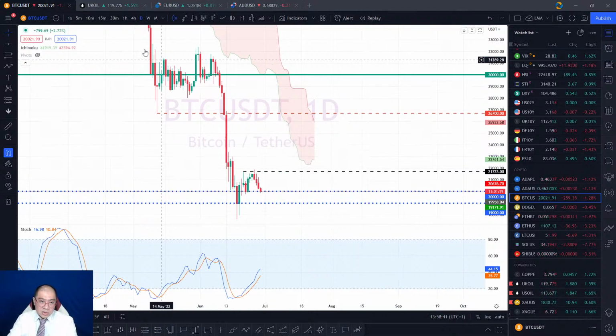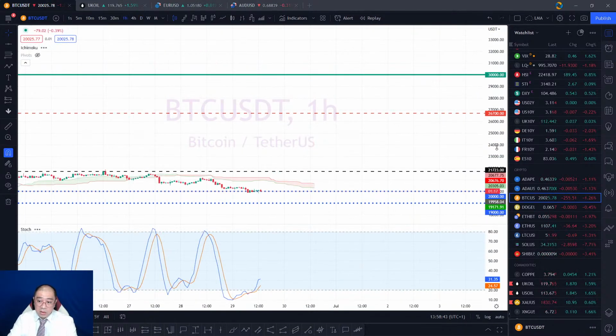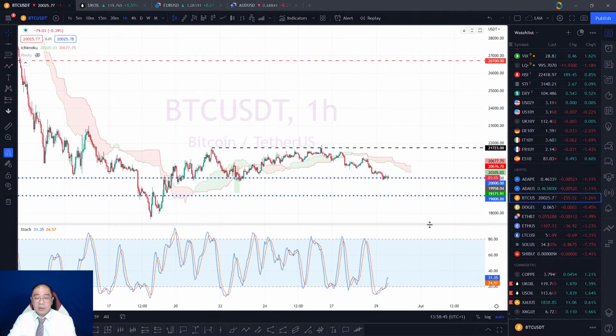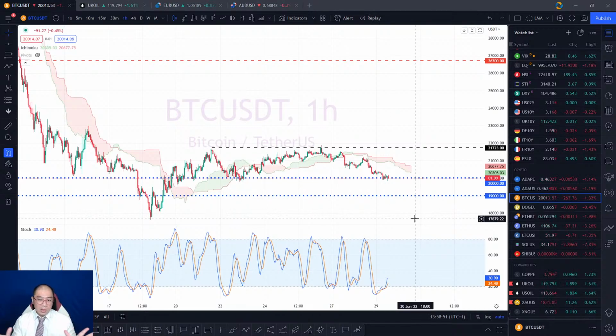So this has actually improved a lot. This is a lot better, right? If we take a look at the hourly time frame, if we go with 19,000, I just don't see that move. What I'm seeing is that there could potentially be a bounce right now for Bitcoin. So if you're planning to grab Bitcoin, grab it at 20,000, grab it at 19,000.